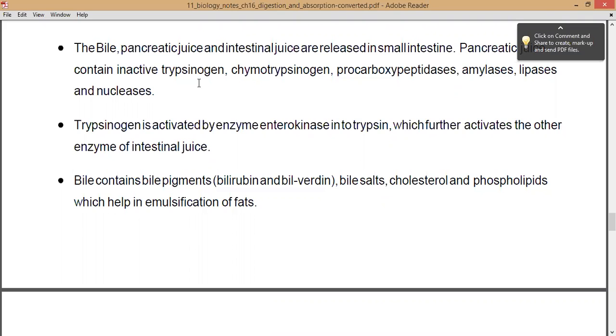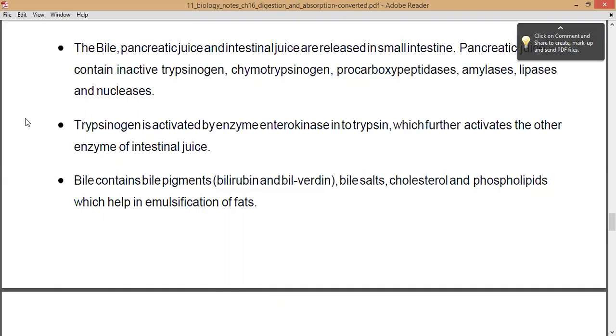And this further activates the other enzymes of the intestinal juice. So this trypsin is responsible for converting chymotrypsinogen to chymotrypsin.